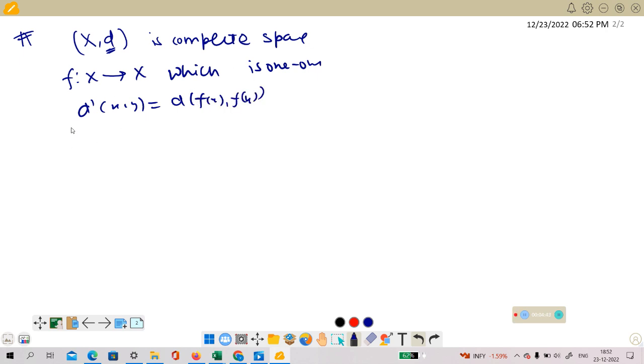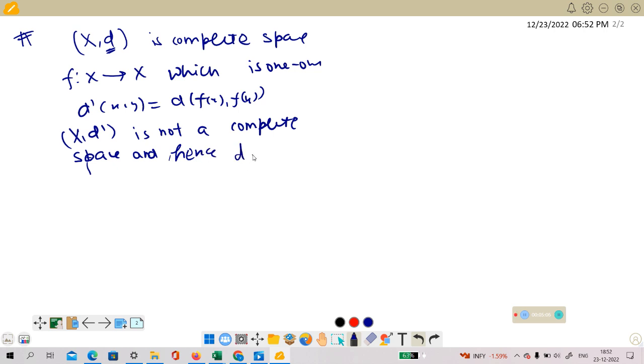We will show that this (X, d') is not a complete space, and hence d and d' are not equivalent.